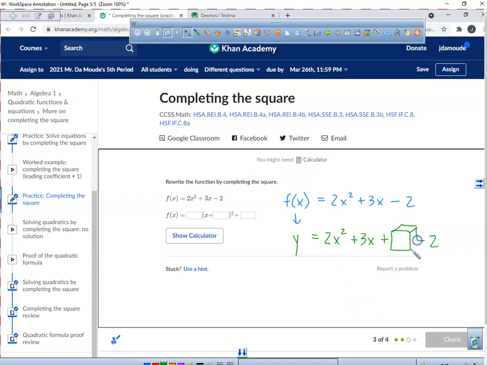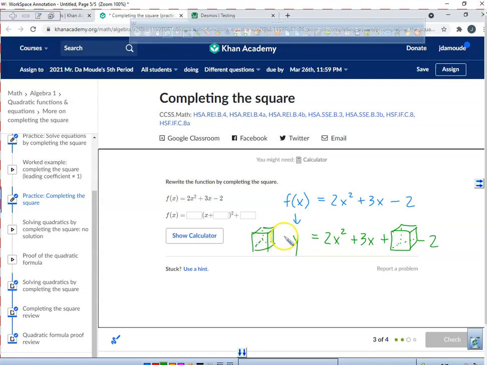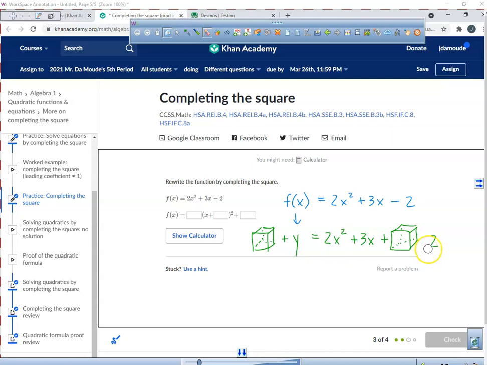We'll make a little empty box, okay? And I'll put a nice little three-dimensional empty box. There we go, plus y, all right? Hold on, minus 2 right there, okay?